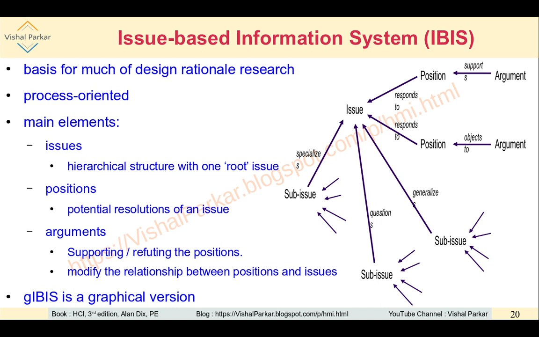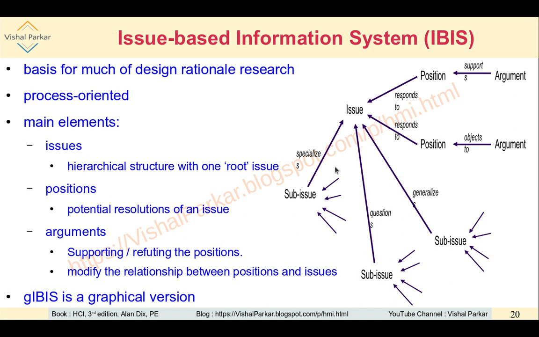Now how it is process oriented? So we'll see. So the main elements there are the issues, that means the problems or the requirements posed by the client. Now these issues will be hierarchically organized. There'll be one root issue like this, and that issue may be next connected with some sub issues, and these sub issues may in turn be having some other sub issues and so on and so forth.